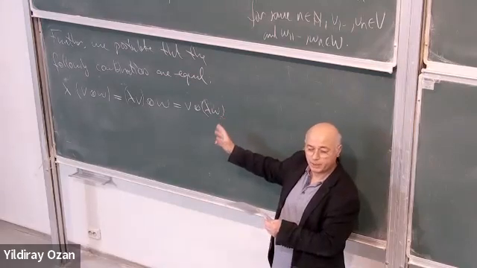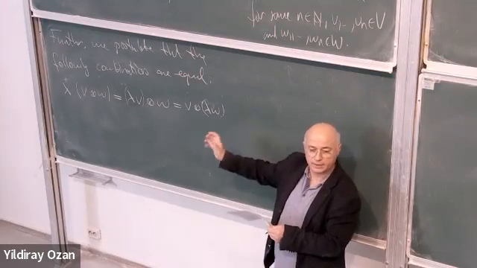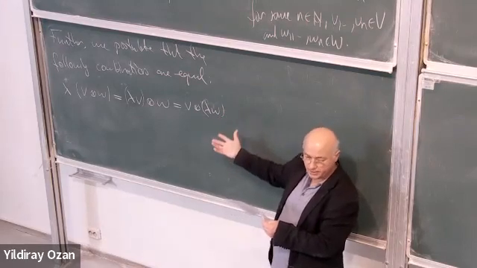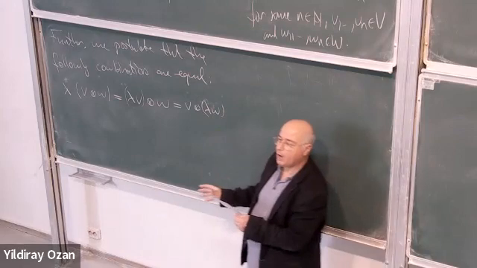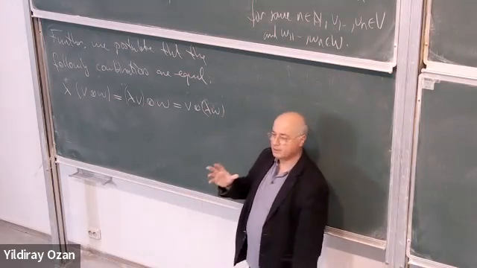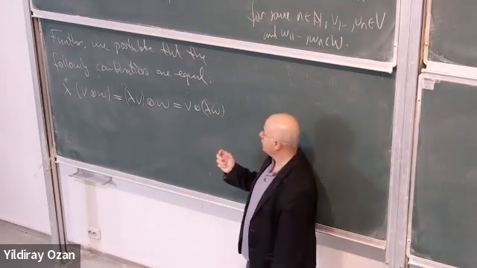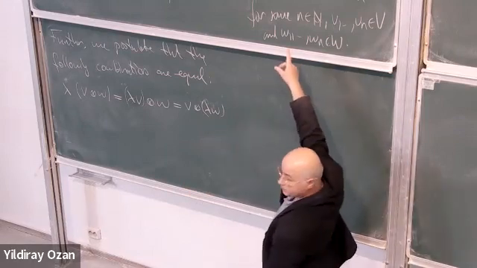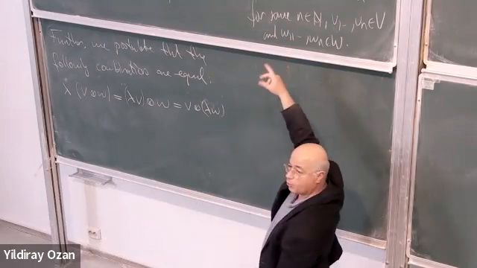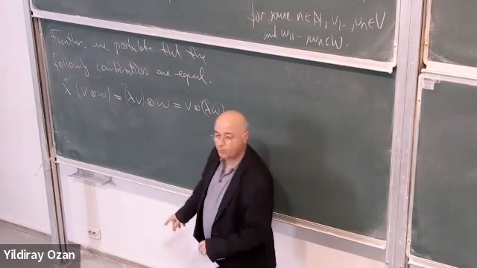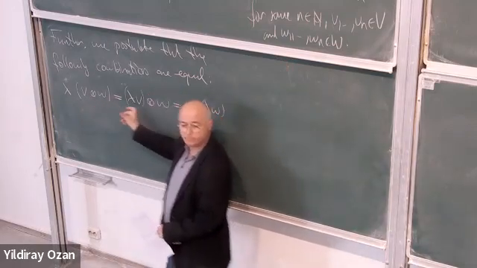We haven't proved that, but we will prove later that indeed such a thing exists. But right now, I just make the following assumption. Consider this kind of objects, and on these objects I define some operations. For example, scalar multiplication.